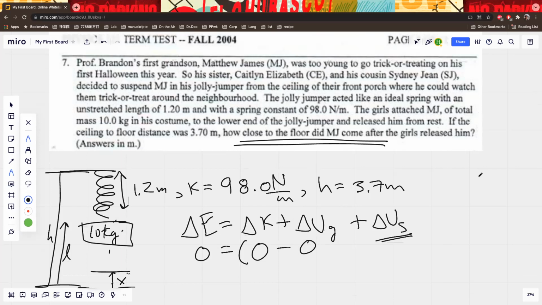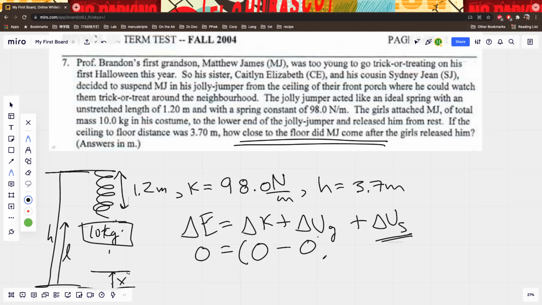Friction is not a conservative force. But spring energy, gravitational energy, and kinetic energy are all conservative. So when you have conservative forces, you can use conservation of energy. And when you have non-conservative forces like friction, you have to use the work-kinetic energy theorem.